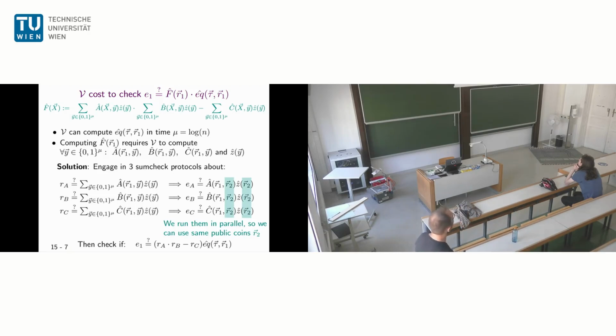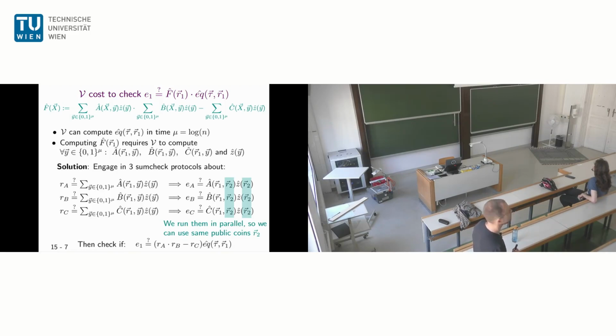Okay, so one small detail is that we can run these three Sumcheck protocols in parallel, meaning we can reuse the randomness. So this R2 is now the new randomness required to make the Sumcheck reduction.